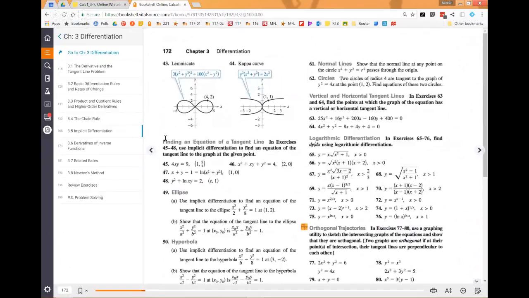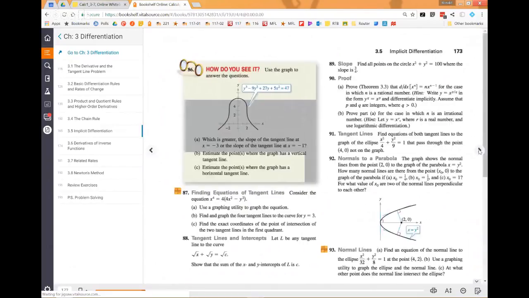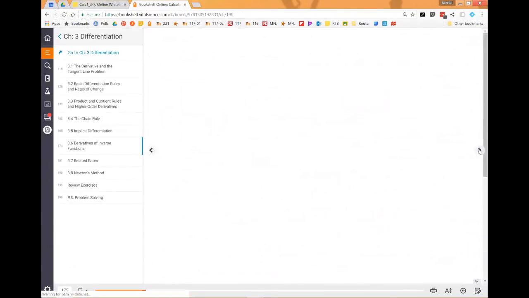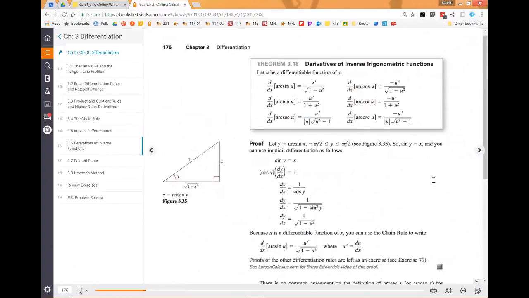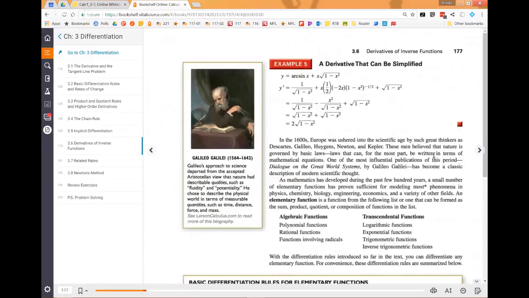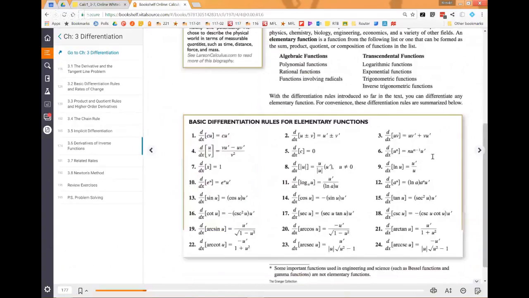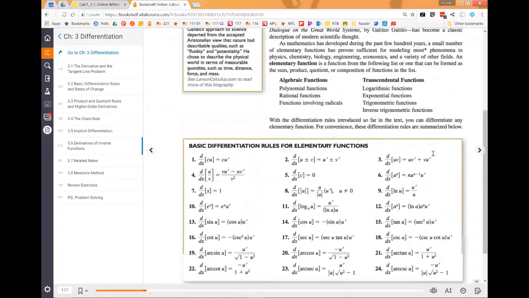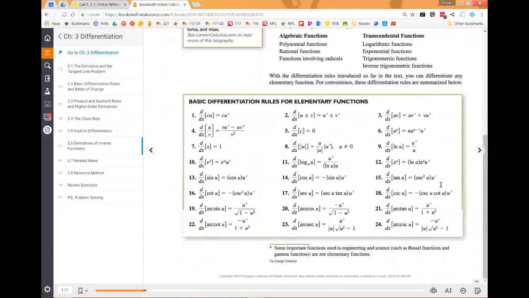Should be in 3.6. There it is. So it's at the bottom of page 177. That summary right there is what I would give you a quiz on, and we'll talk about that a little bit more.